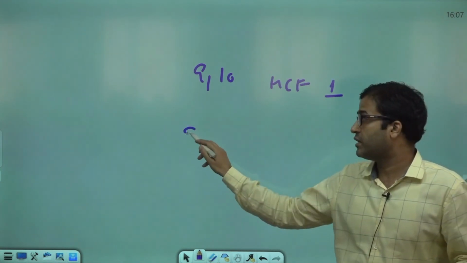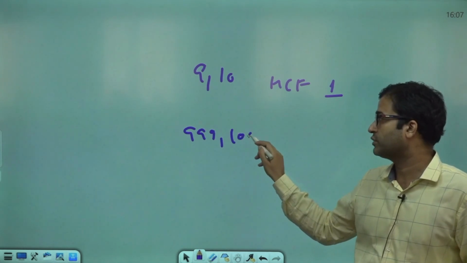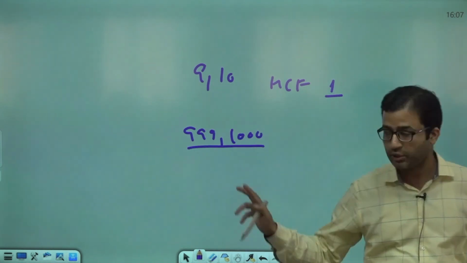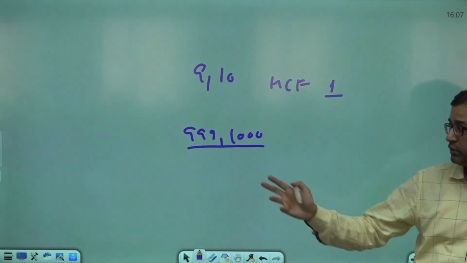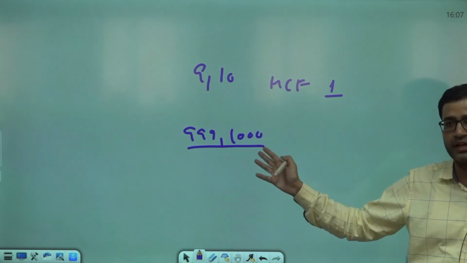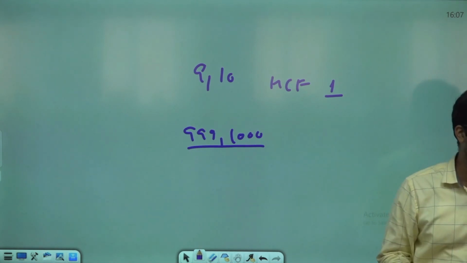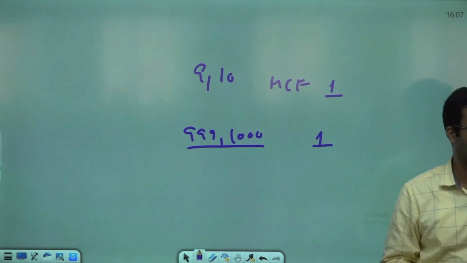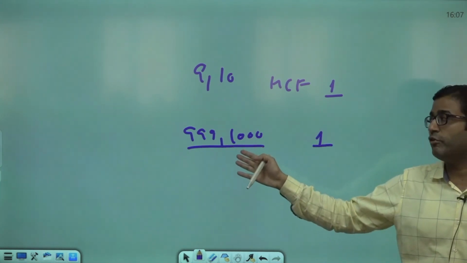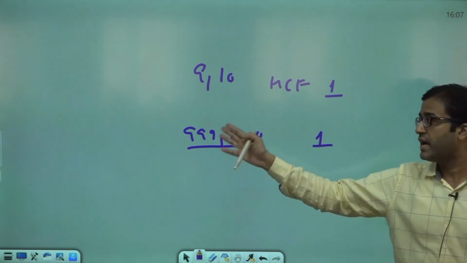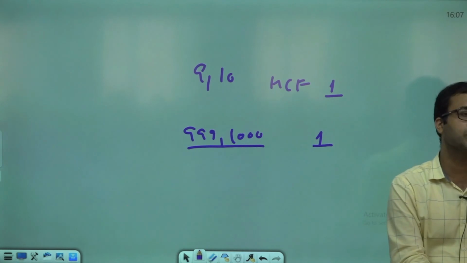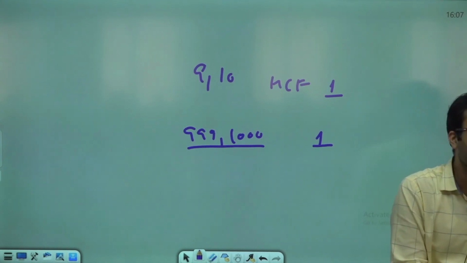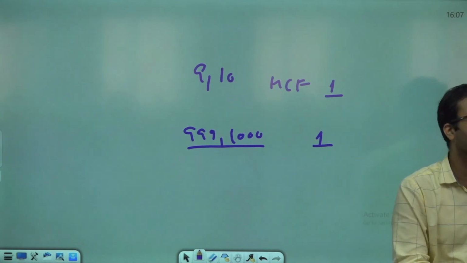If I ask about 999 and 1000, these are two consecutive natural numbers, co-prime. If these are co-prime, and I ask what is the HCF of 999 and 1000, it is a one second answer, you can say 1. You write HCF of 9 and 10 is 1, HCF of 999 and 1000 is also 1, because these are co-prime. And why are these co-prime? Two consecutive natural numbers.